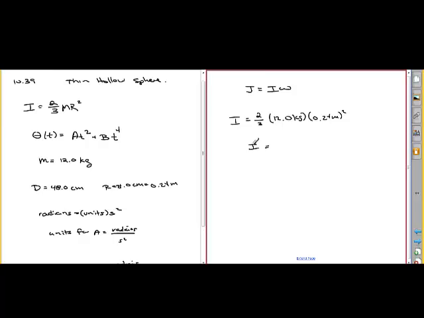And so our moment of inertia is 2 divided by 3 times 12 times 0.24 squared, and we get 0.461 kilograms meters squared. Okay.